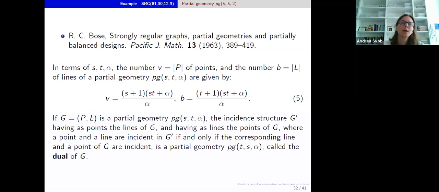So actually, the dual of a partial geometry is defined to be the dual incidence structure of our partial geometry.